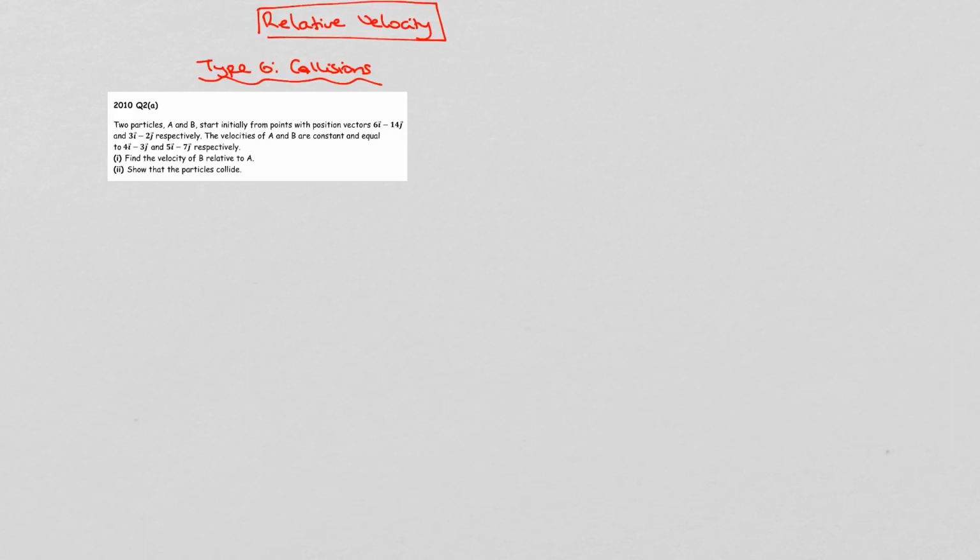collision course. Then we want to show that the relative position of one relative to the other is equal to minus a constant times the velocity of B relative to A. So in this case, we have to show that the particles collide.